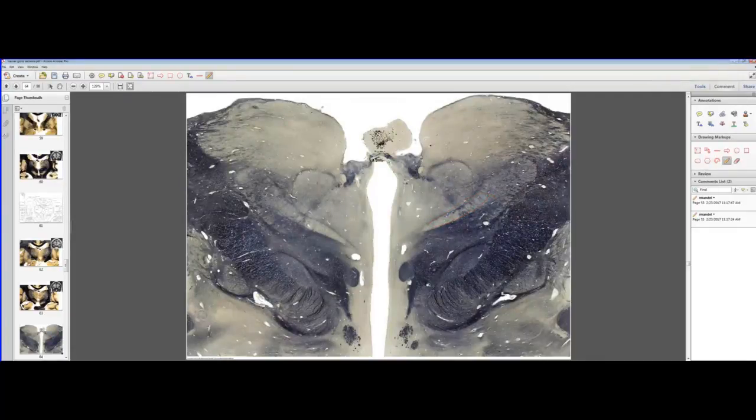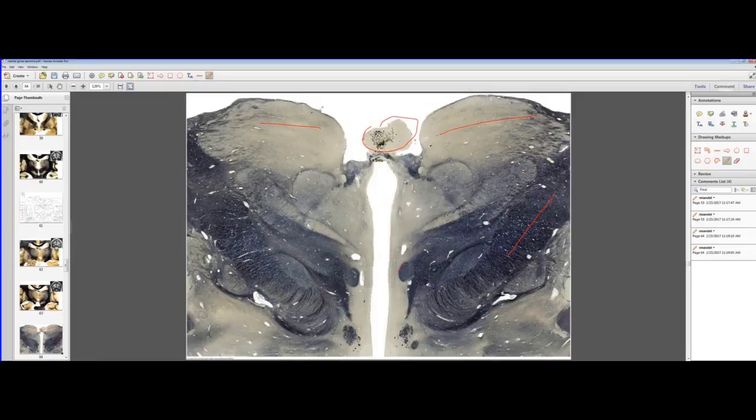Here's the posterior commissure, and this is the pineal up here. This is the pulvinar. This is the posterior limb of the internal capsule, but it's then coming in here and becoming the cerebral peduncle. That makes this the subthalamic nucleus.